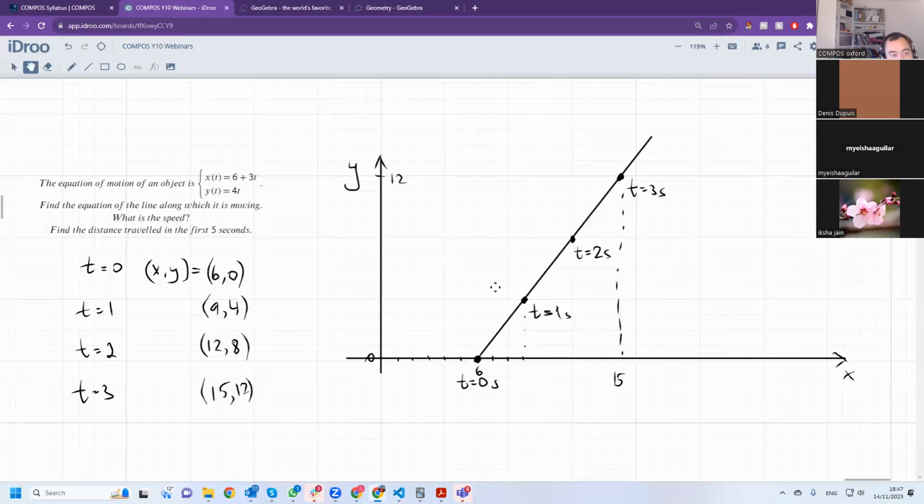Can somebody help me with this? It's a straight line. It has a gradient. It has a y-intercept. Four. What do you mean by 4?